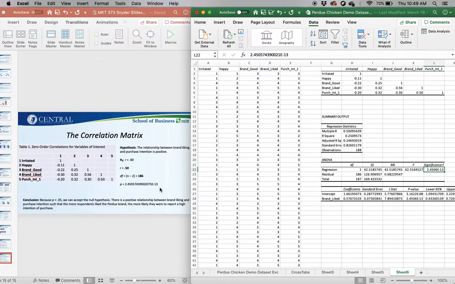So our conclusion is that because our p-value is less than 0.05, we can reject the null hypothesis. Therefore, we can conclude that there is in fact a positive relationship between brand liking and purchase intention, such that the more respondents liked the Purdue brand, the more likely they were to report a high intention to purchase.